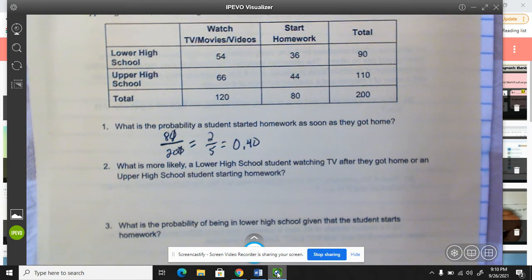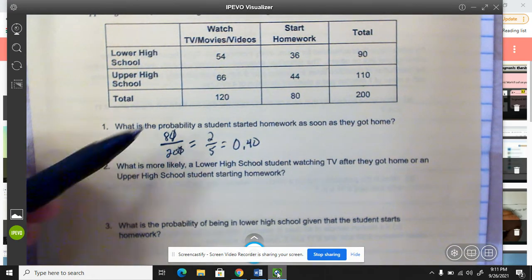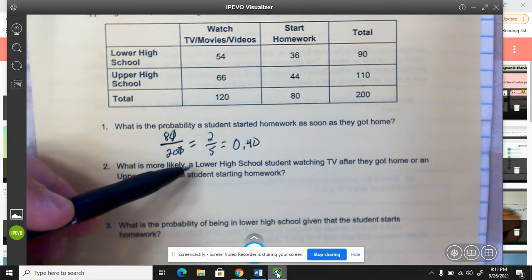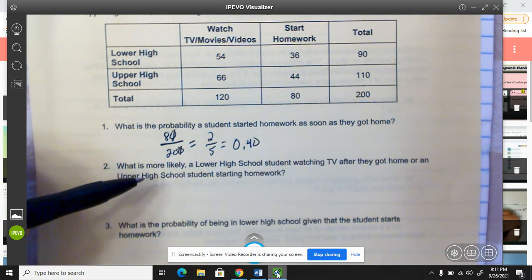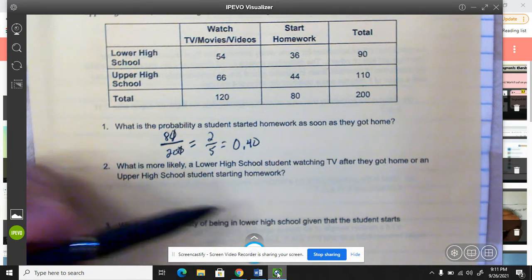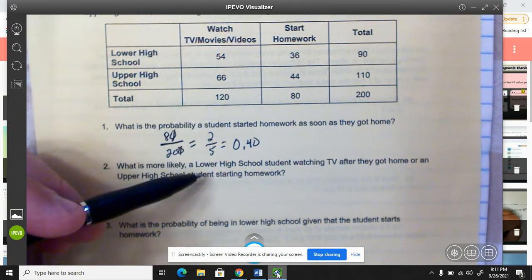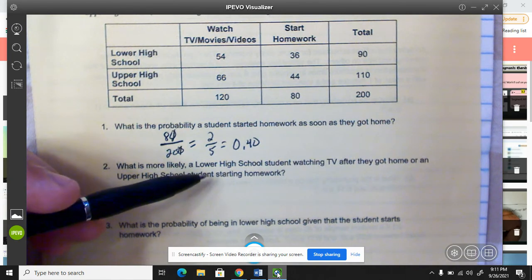Okay? So what is more likely? A lower high school student watching TV after they get home, or an upper high school student starting homework? So you're going to have to find two different probabilities. Let's look at a lower high school student watching TV.